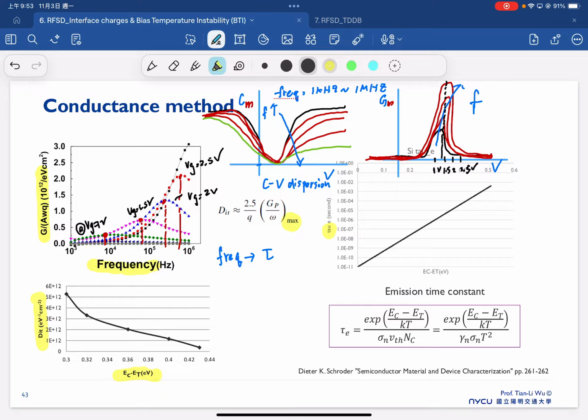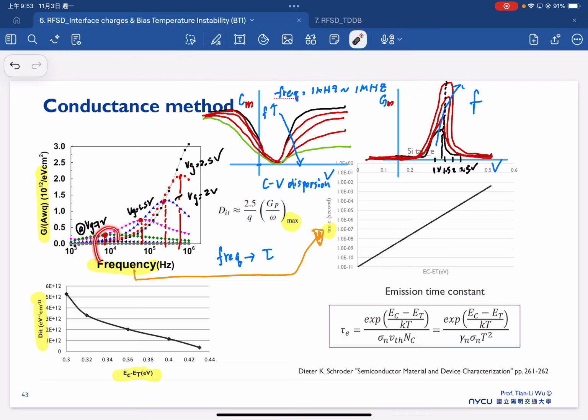So this x-axis can be converted to tau, which is a time constant. Now, because we have this 10 to the 4 frequency, that will be roughly equal to 1e minus 4 seconds, which is here. So we can use this to convert to the energy level.